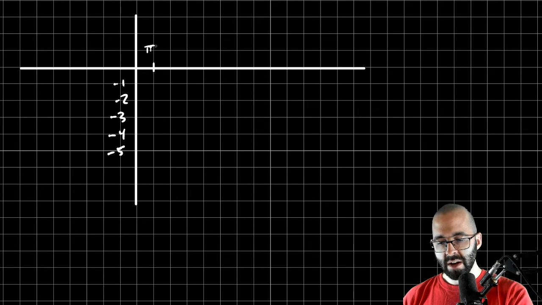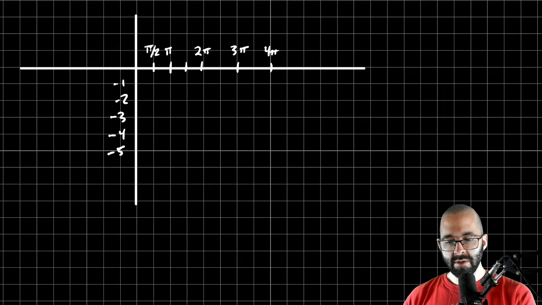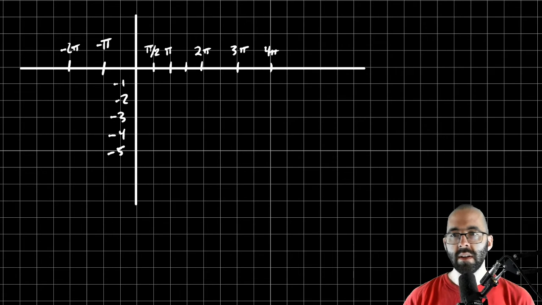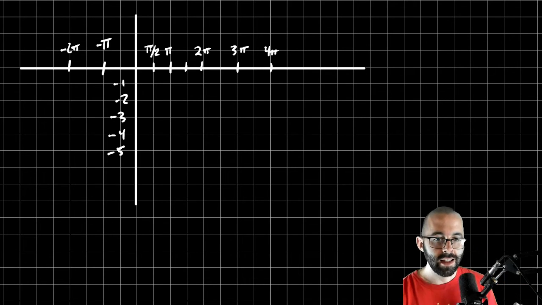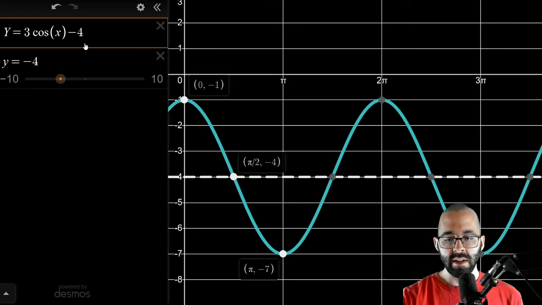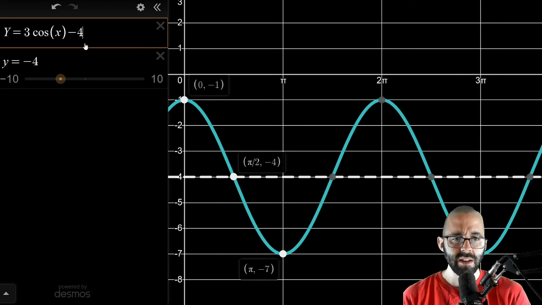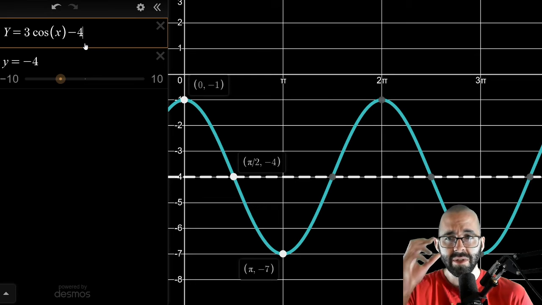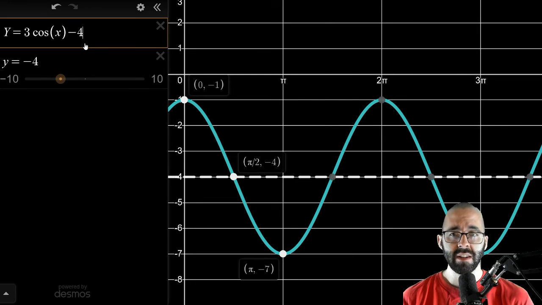This is pi over 2, pi, 3 pi over 2, 2 pi, 3 pi, 4 pi, etc. Each one is half a pi. So you have to choose labels that make sense here. And Desmos can help with that, but it also has to work with your period. That's the tricky part. Let me know if you have questions about that.